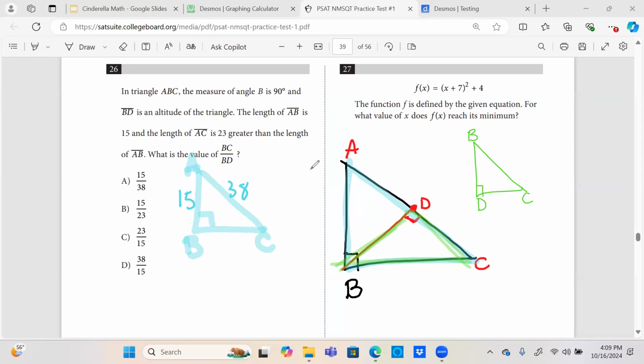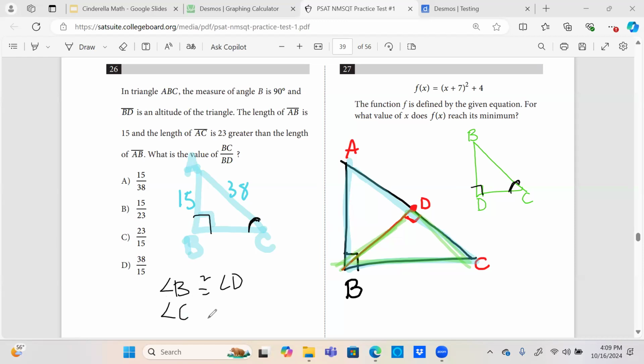Okay, now if you look at those two triangles, the blue one with the green one, B is a right angle, D is a right angle. So angle B is congruent to D because they're both right angles. And then C's in this one, C's in this one.